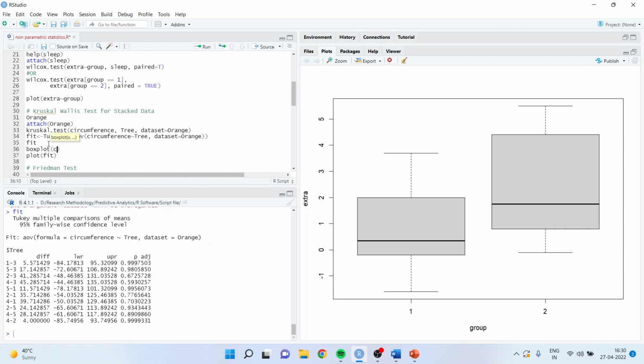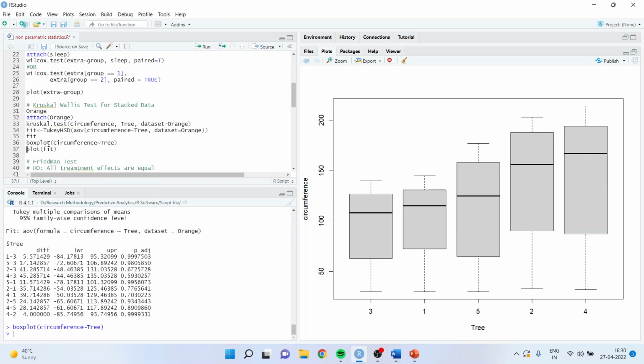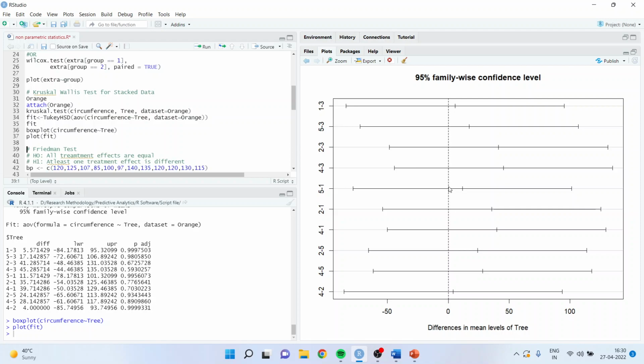This we can further confirm by using the circumference tilde, and I'll use trees. You can see more or less the medians are equal. We can also plot the fit, where those pairs, as we have previously discussed, which are not dissected by 0.